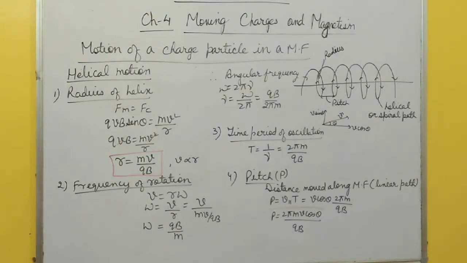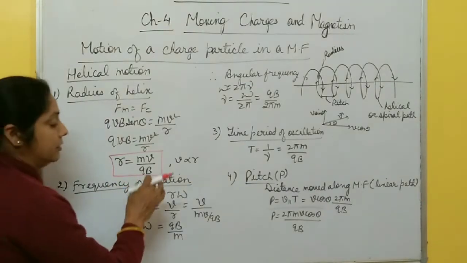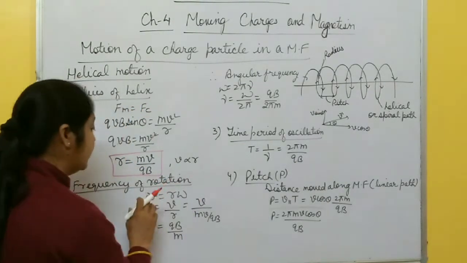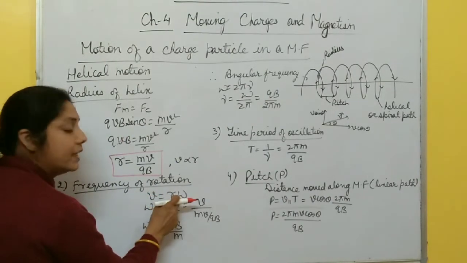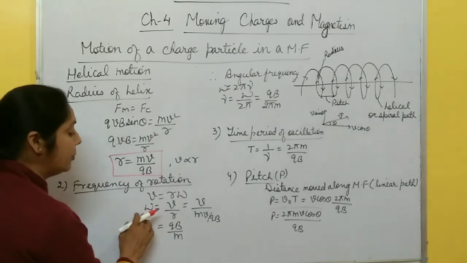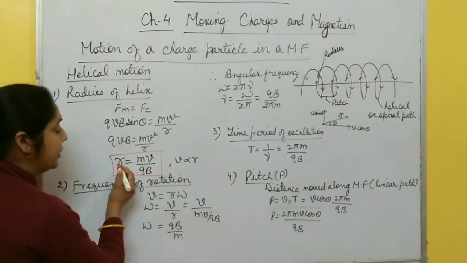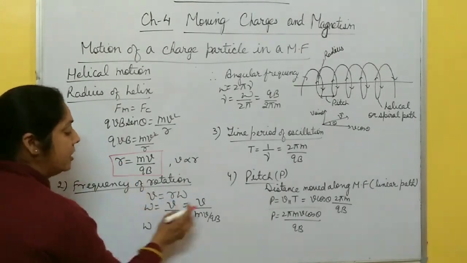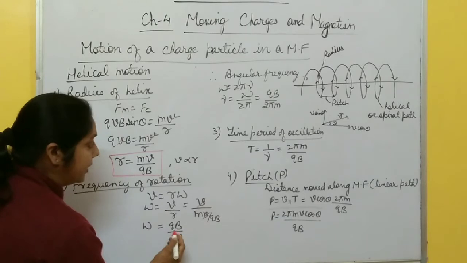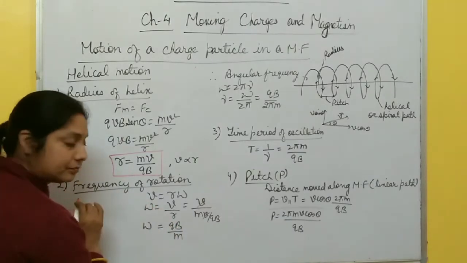Next one is the frequency of rotation. You know there is a relation between linear velocity and angular velocity. This V is linear velocity, omega is angular velocity, and V equals R omega. From here omega is V by R. You put the value of R from this equation: V by, in place of R you write m v by Q B. This V cancels, and it becomes omega equals Q B by m.